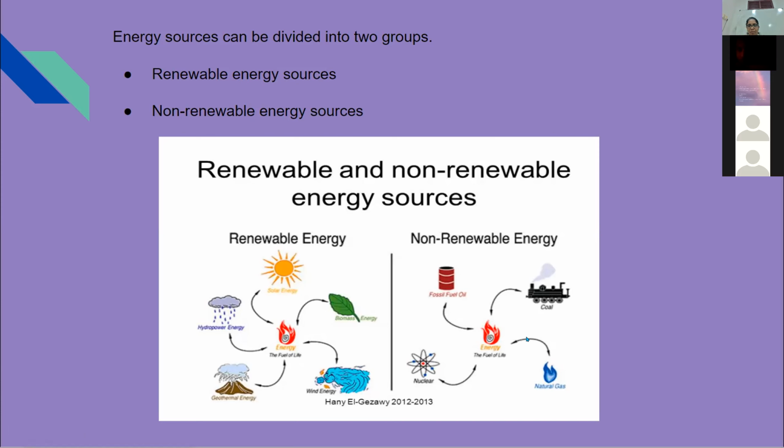And examples of non-renewable energy are coal, natural gas, nuclear, and fossil fuel. Now you have an idea about energy sources, and you can identify the renewable and non-renewable energy sources.